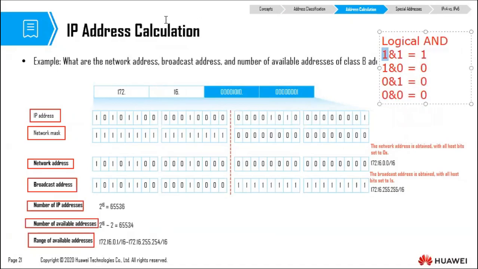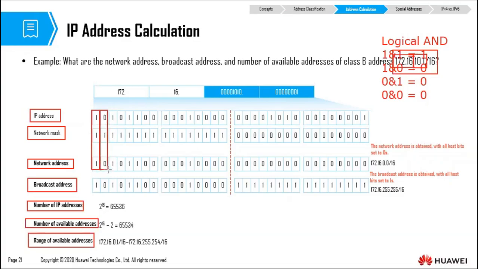So let me show you how we are doing it. You can see that we are doing 1 and a 1 to get a 1. Then we do 0 and 1 to get 0, right? Are we together? Now, just to make it a little bit quicker, we know that the mask will have consecutive ones for the network part. To be precise, for this one, it will have 16 ones, right?